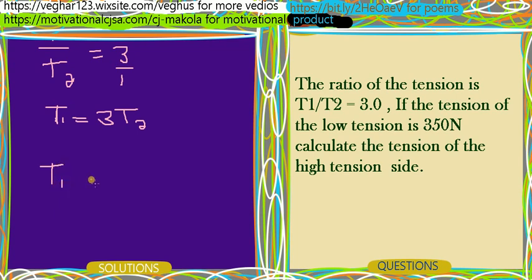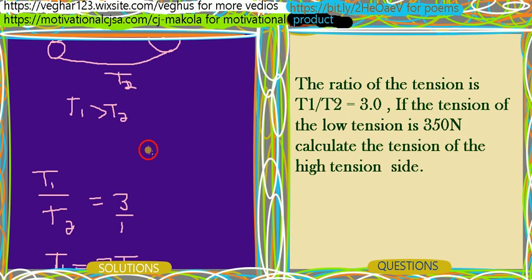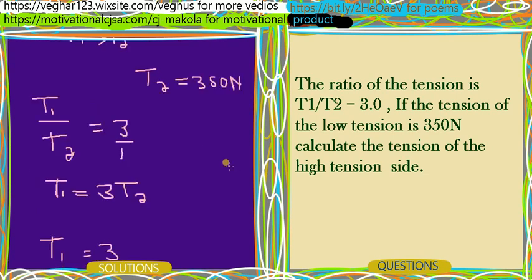So to solve that, say T1, and then because we are given T2, this 350 is T2, over 1.